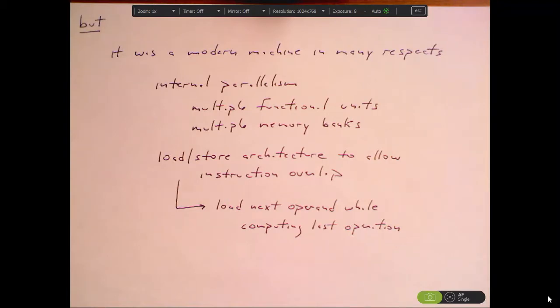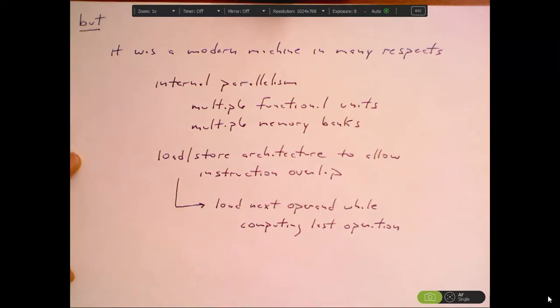Again, these are things you find on modern machines to address the ever-increasing need for speed and the fact that memory is slow relative to the CPUs. Also, it had a load-store architecture to allow instructions to be overlapped, so you could load the next operand while you're computing the last instruction. Again, these are all techniques that you see in modern machines.